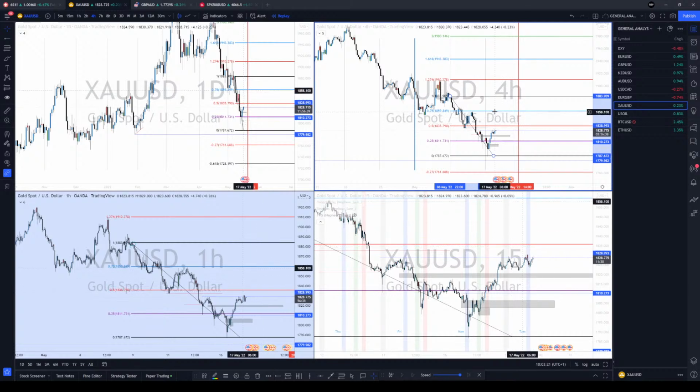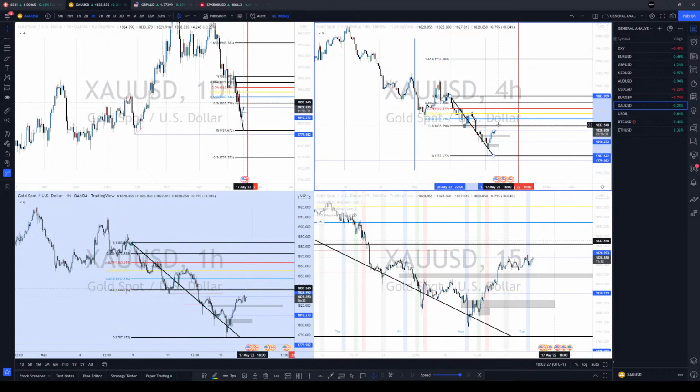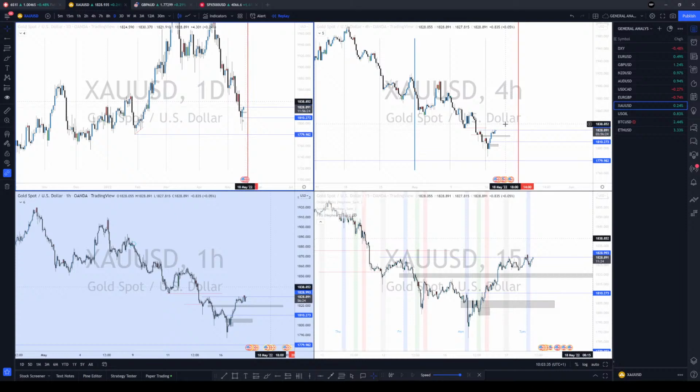If it goes to 618, that's fine, but I would rather see 50%. We also have a bearish order block there, so that should send us down again. So watch, I think 50% of that range.